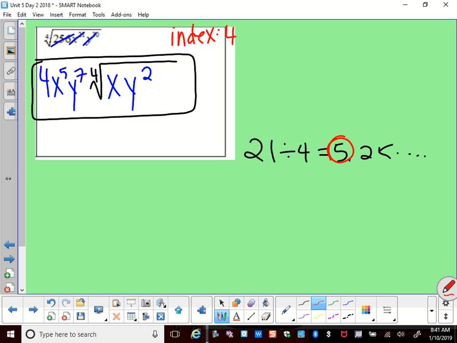I needed 21, so how many are left over? 1. Same here, y to the 30th. Out of 30, there's 7 groups of 4. 7 times 4 is 28. I needed 30 though, so there's 2 more extra. Okay? The shortcut, or you can write them out. It's always the easiest. Any questions here?